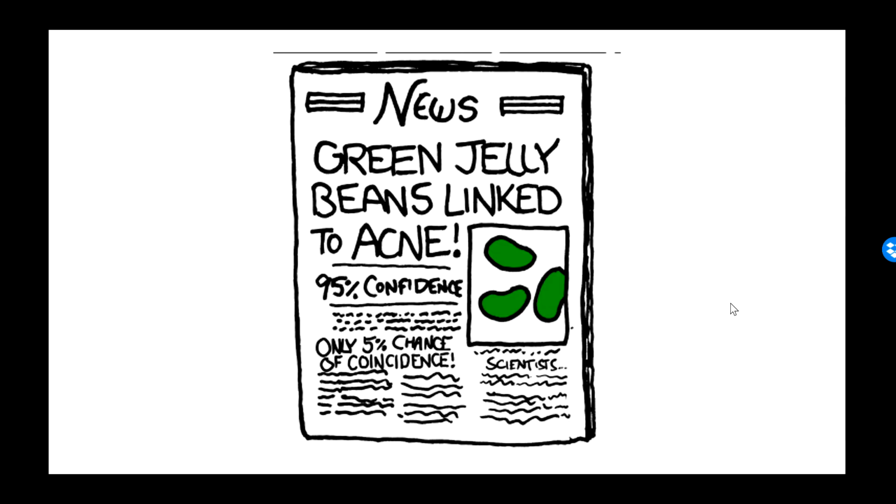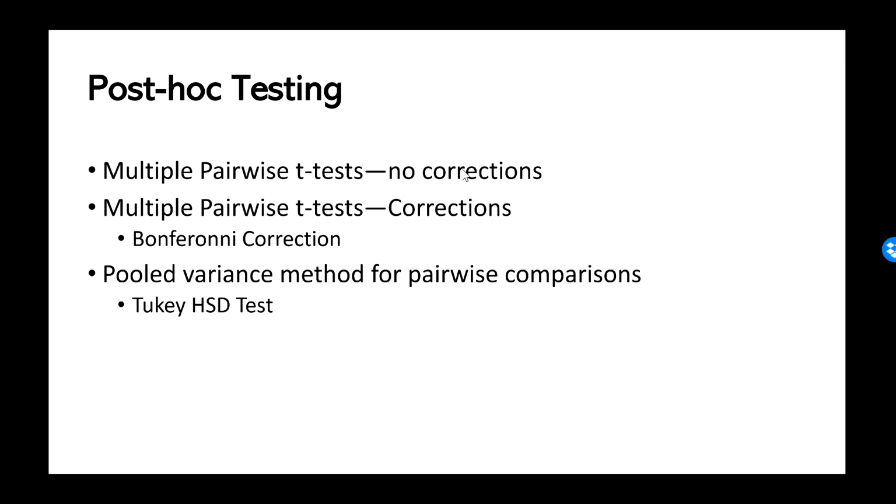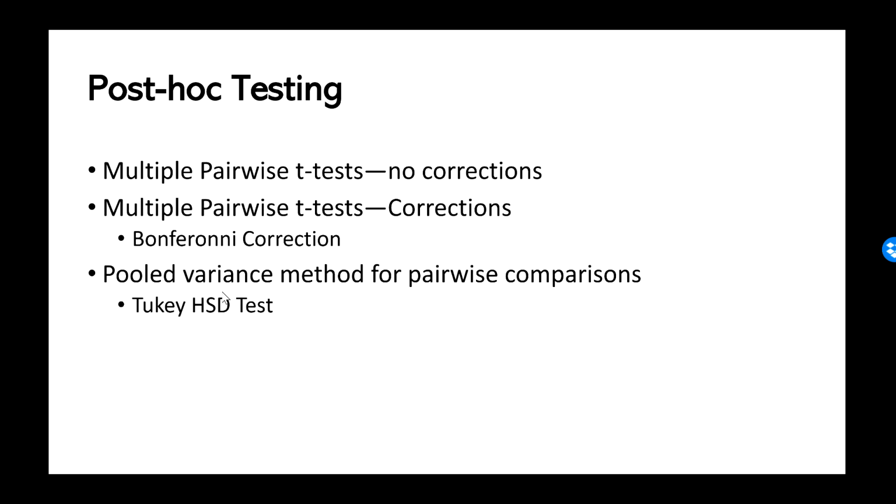One time I get a p-value below 0.05. Well, now we have news that green jelly beans are linked to acne. That's why this is probably not a good idea in general: for every pairwise comparison we're doing, that's another test and another way to accidentally get below a value like 0.05. So that's why we need to adjust or use a different method that's pulling our information together.